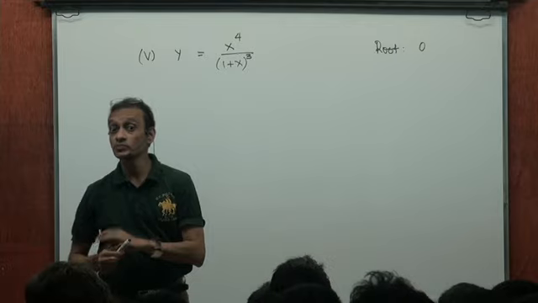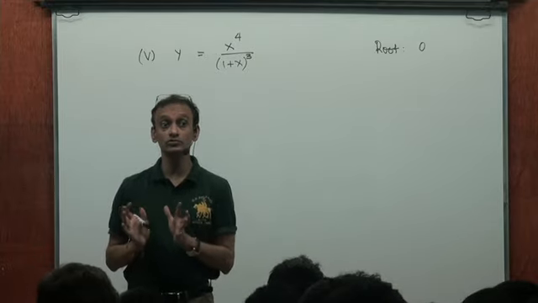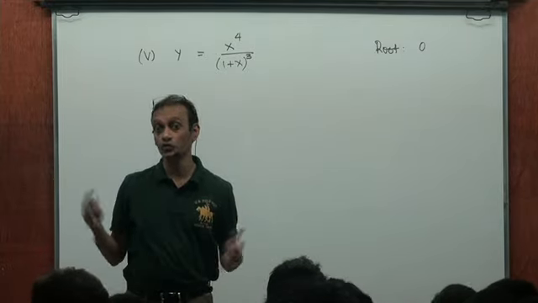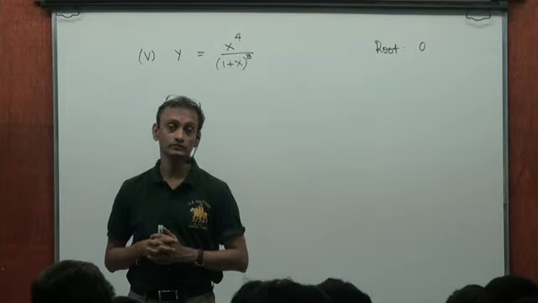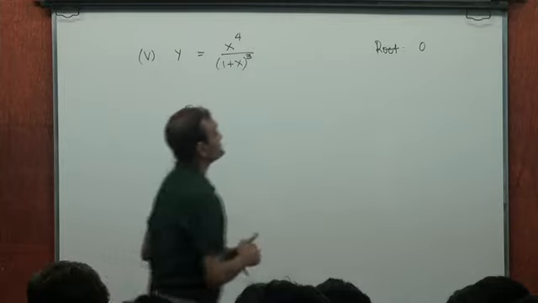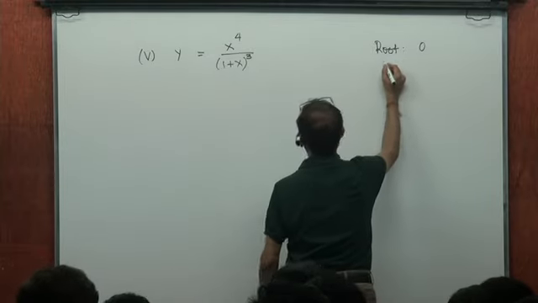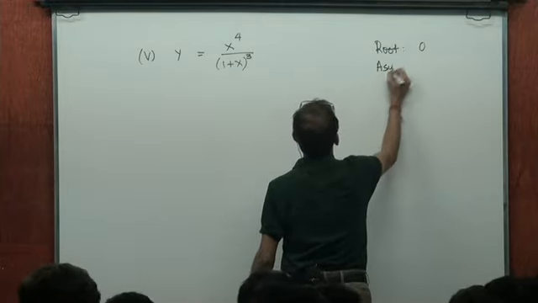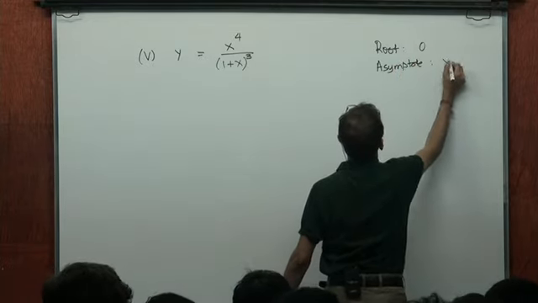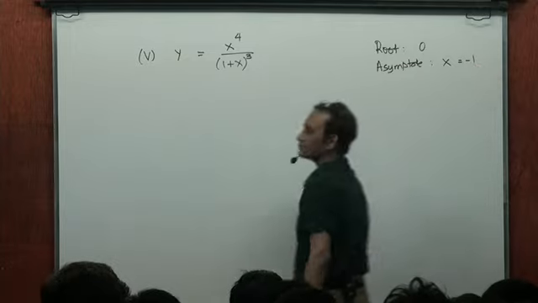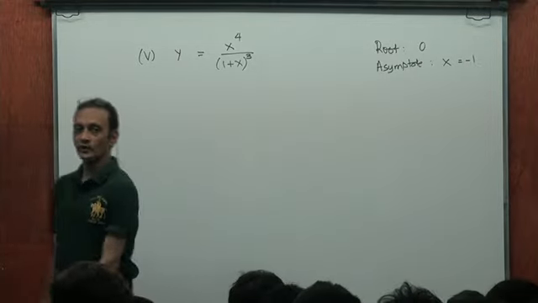So its dy/dx must also become 0 at x equal to 0, right? So you are perhaps in for either a local maxima or a local minima at x equal to 0. We'll check that out later. Then, do you see an asymptote? x equal to minus 1.